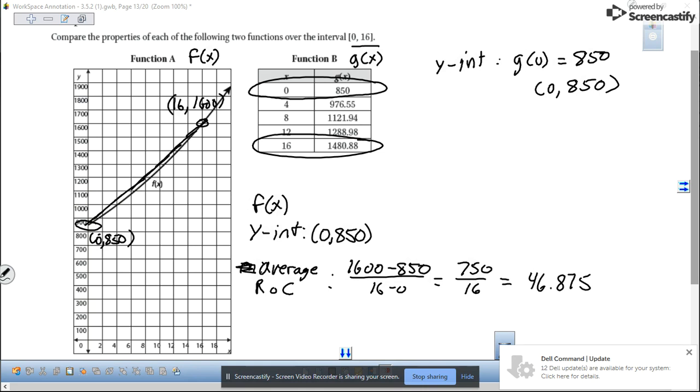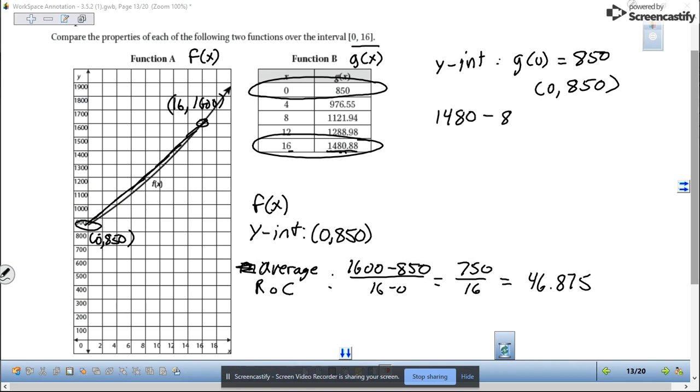Now, I can already tell you, since the top one's the same, and this bottom one is actually the 16, and that's lower than 16, it should be a smaller number for my slope. So let's find out. 1480 minus 850, remember y2 minus y1, and x2 minus x1, over 16 minus 0, is going to be 630 divided by 16.